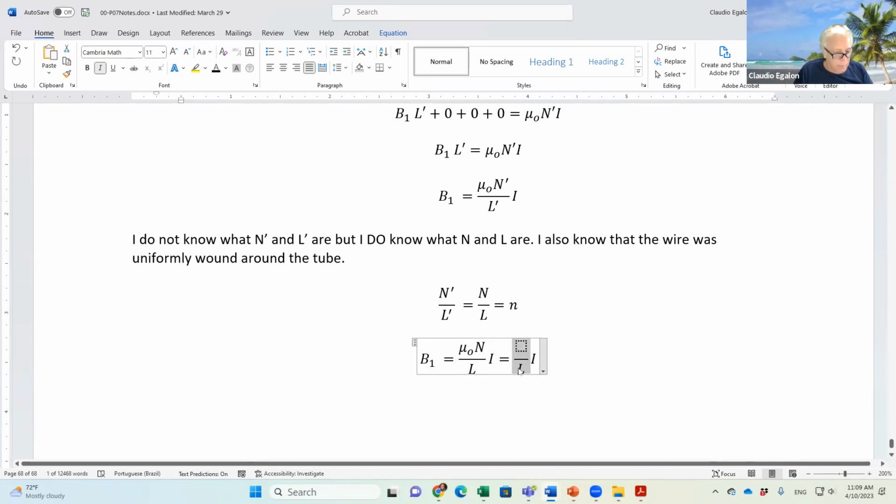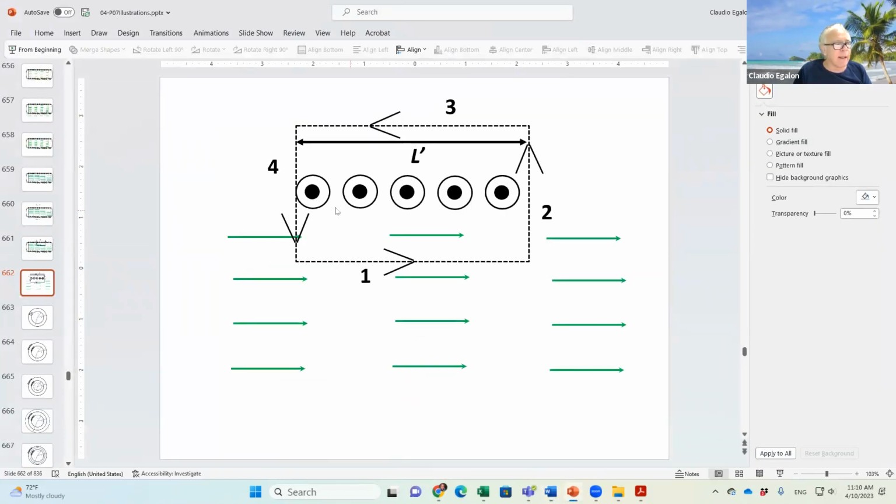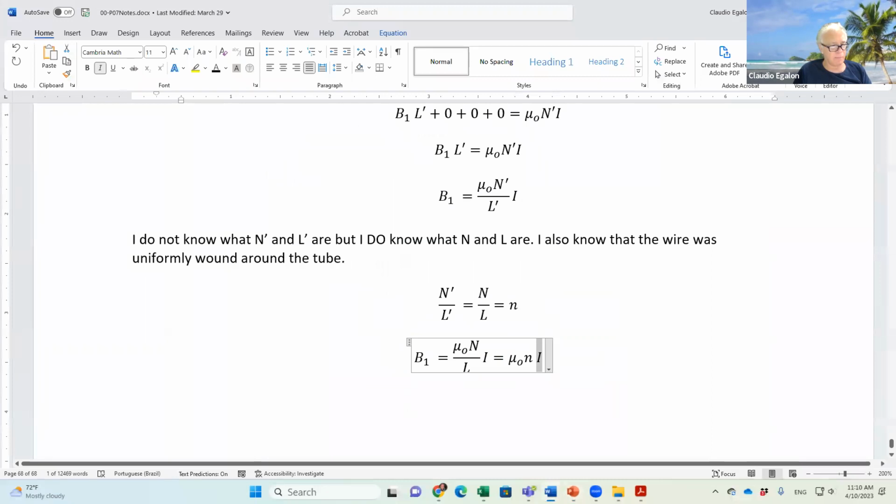Very important. Mu naught is a constant. This guy here is also a constant, and this guy is also constant. It doesn't change. There are no other geometrical parameters here. By geometrical parameters, I mean the distance of this wire to anywhere inside the solenoid. It's not dependent on the distance of each of those wires to the center of the solenoid.